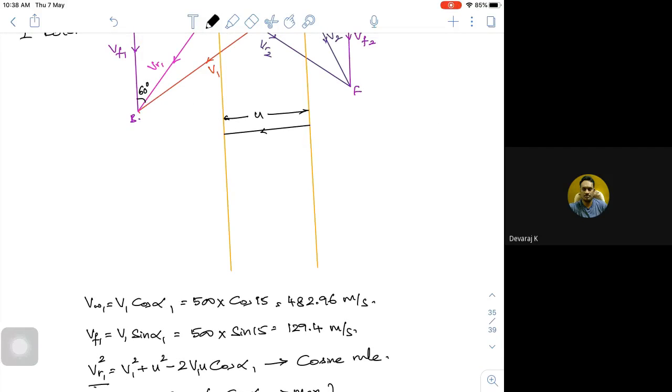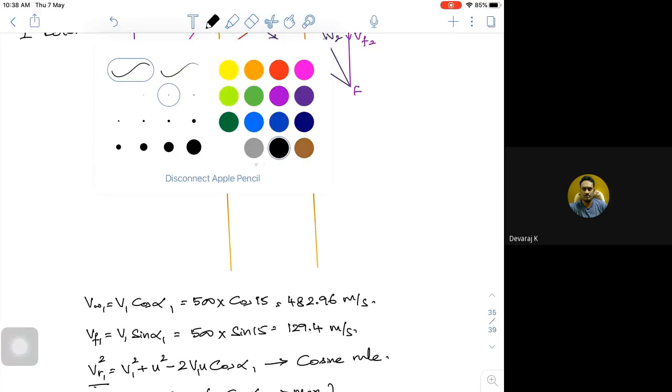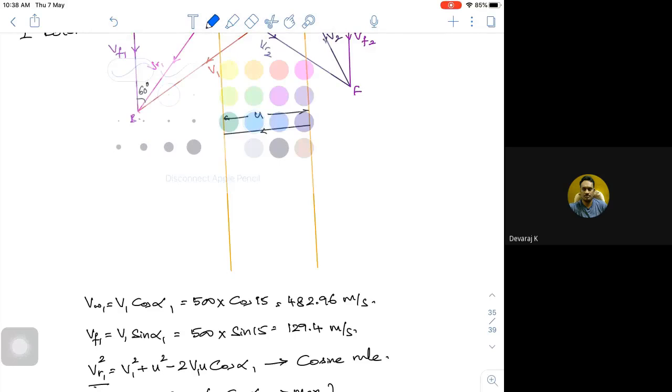Now from here you draw a 20-degree line like this, because this is my alpha 3. Let me call that point G. Now, what is my V3? V3 is 220.5. So you cut that, maybe this may be the point.